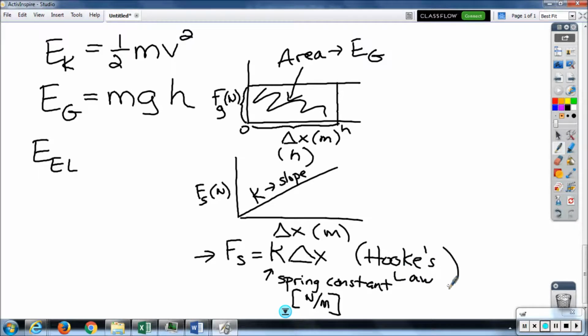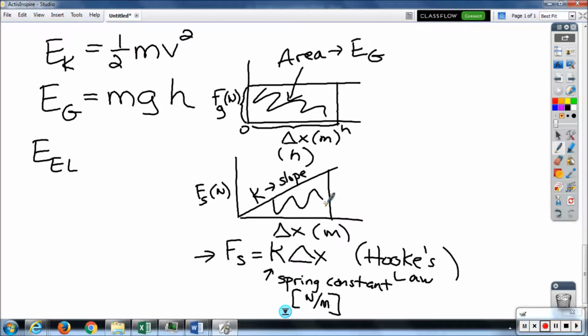If you wanted to be specific about direction, we sometimes add a negative in here to show that it's always opposing the motion of any force that you apply. But I'm going to leave it without the negative at the moment. The area under this graph represents the amount of work that I'd have to do to stretch the spring by a certain amount.